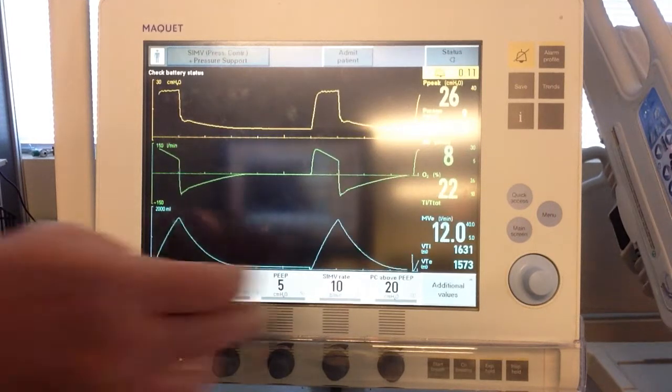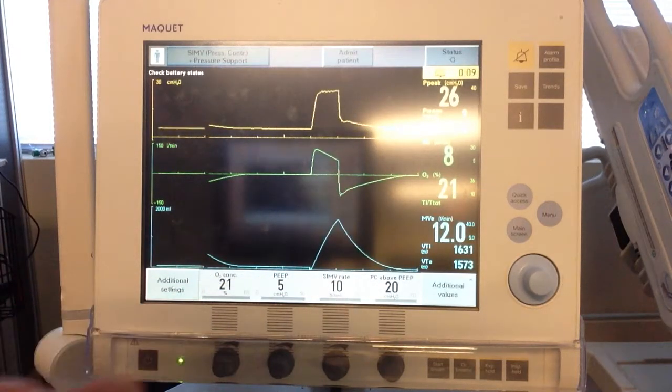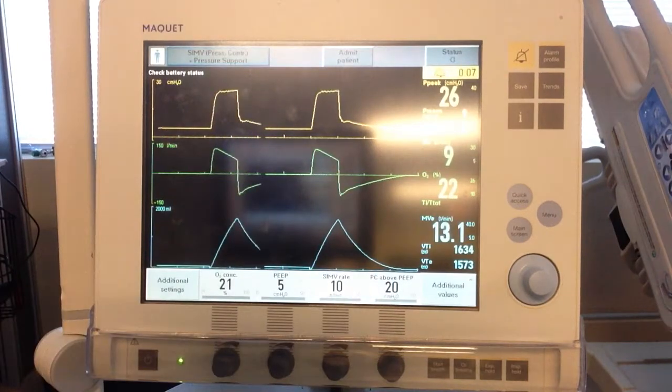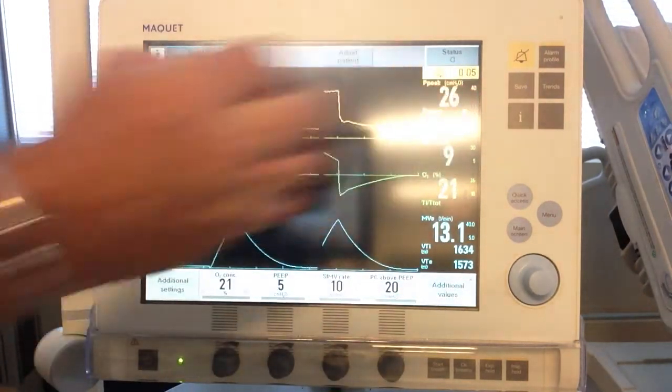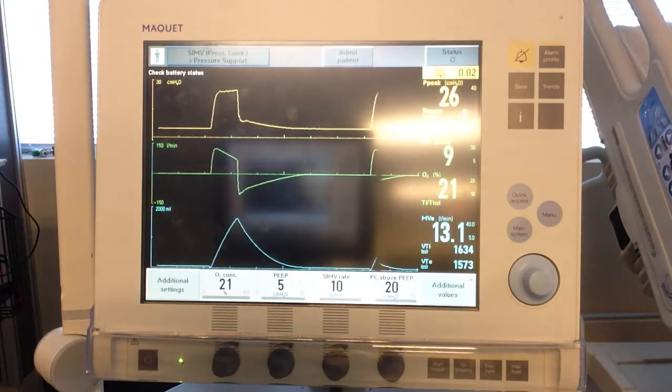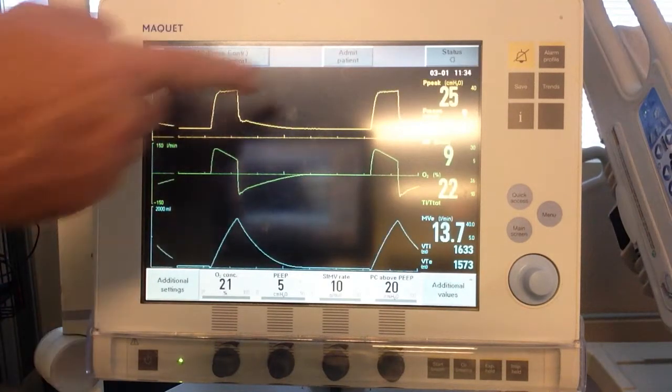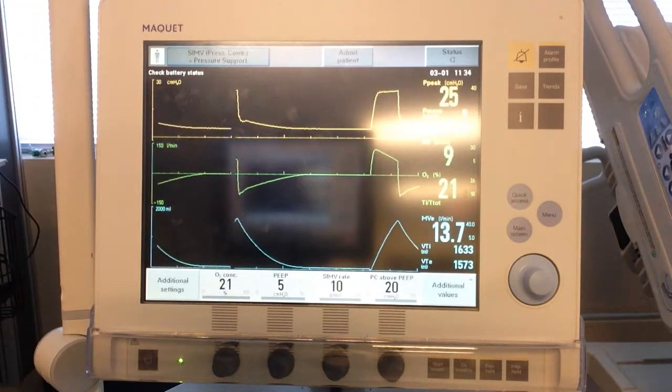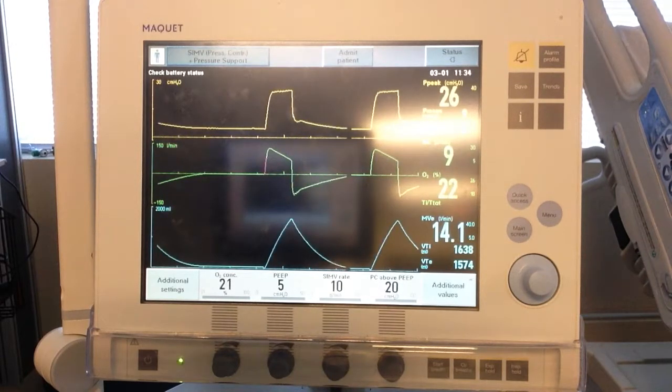So we're breathing at 10 breaths per minute, PEEP of 5, 21%, and my pressure control is 20 above PEEP, which gives me about a 25, so I'm within 1 to 2. I'm happy with that.